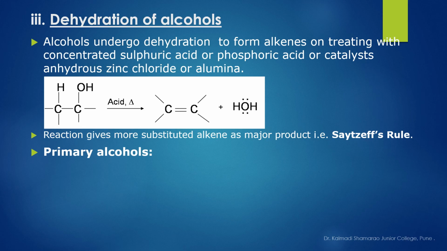First, consider primary alcohols. In this, ethanol, when treated with sulphuric acid at 443 Kelvin, gives ethene and a water molecule.